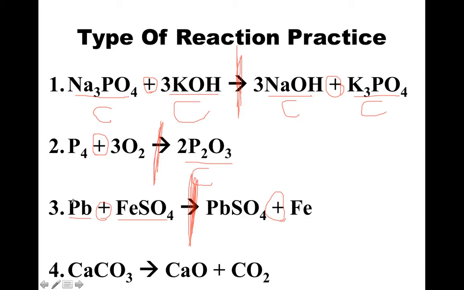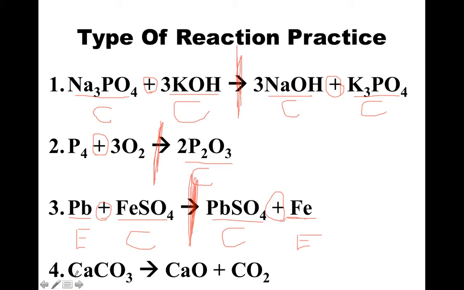Pb, capital then lowercase, is a single element. And then FeSO4, that is a compound. Element, compound. Not quite what we see in number 1. Up here on the right, PbSO4 is a compound, and Fe by itself got kicked out to the curb. That is an element. So that would be a single replacement.